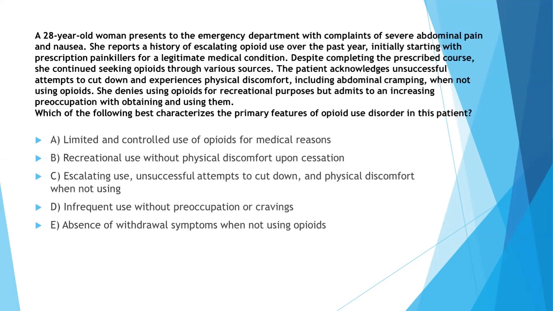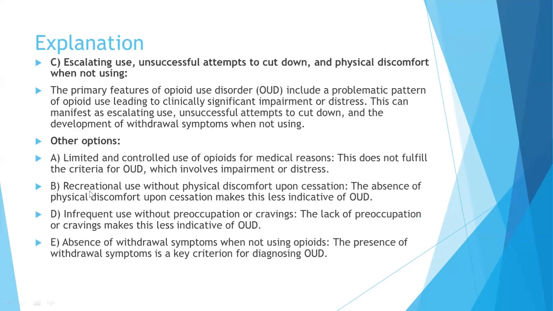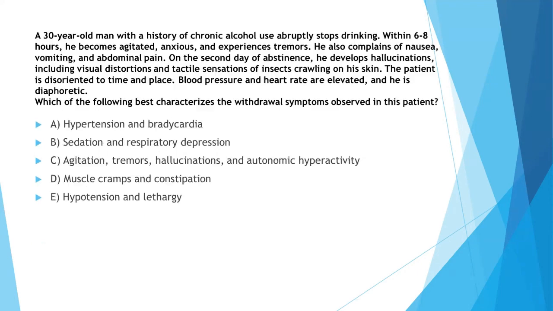So here the answer is escalating use, unsuccessful attempts to cut down, and physical discomfort when not using. Here is the explanation. The primary features of opioid use disorder include a problematic pattern of opioid use leading to clinically significant impairment or distress. This can manifest as escalating use, unsuccessful attempts to cut down, and the development of withdrawal symptoms when not using.